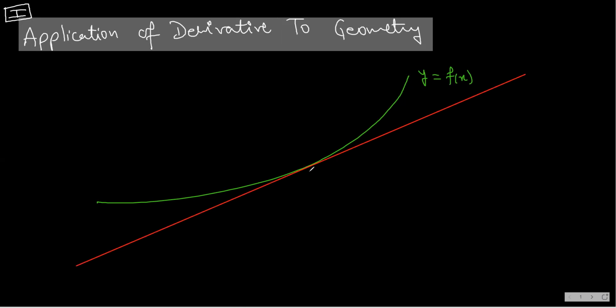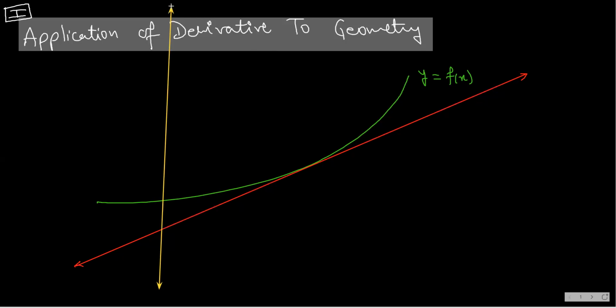So here we have y equal to f of x, a function of x, and then I have a tangent to the curve. At what point is the tangent? Say the tangent to the curve is at point x equals a. Okay, so let me first draw the x and y axis.